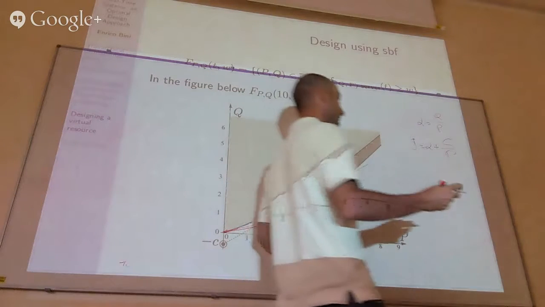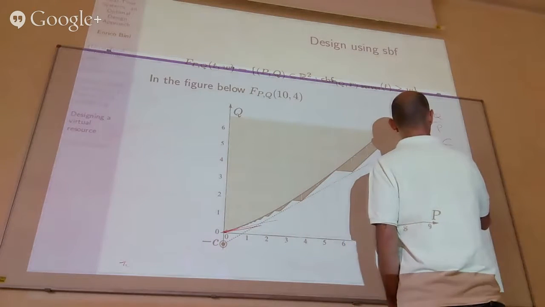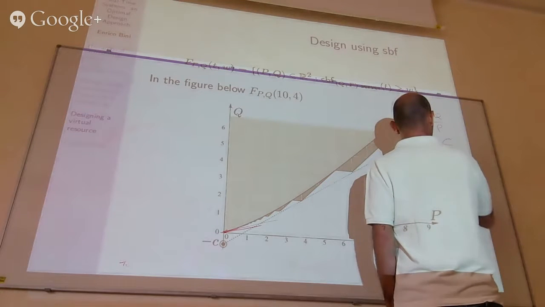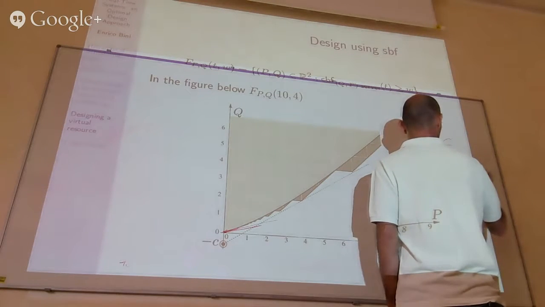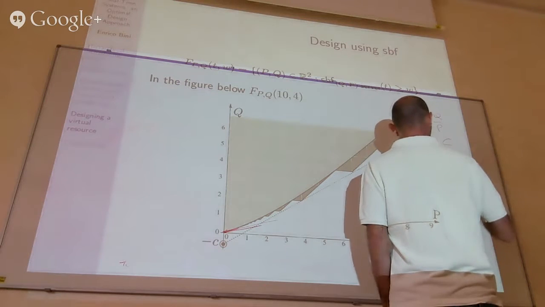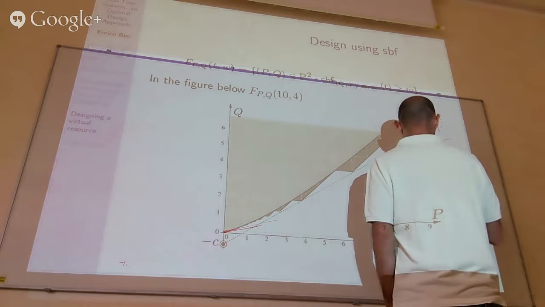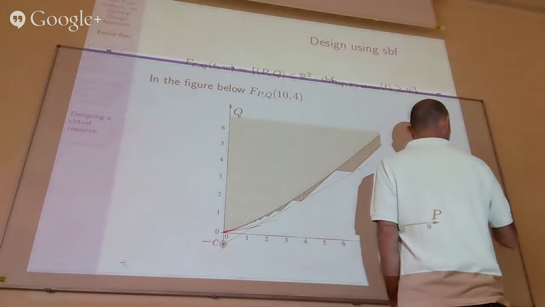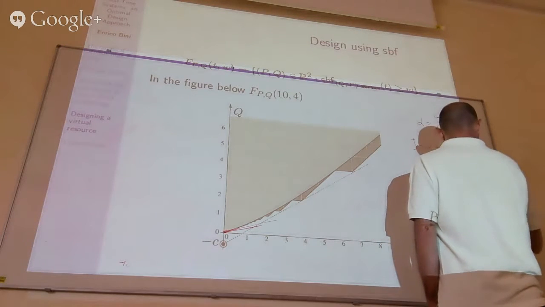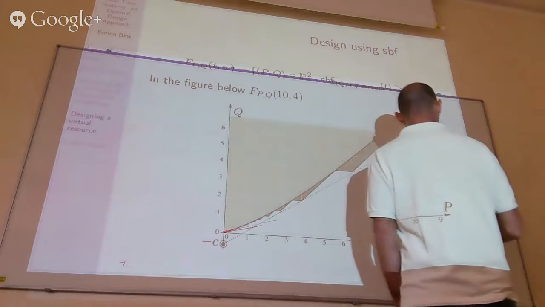I can show you quickly. If you have Q over P plus C over P equal to some value K, some slope, and the same Q over P plus C over P equal to some other K prime. Where do these equations intersect?